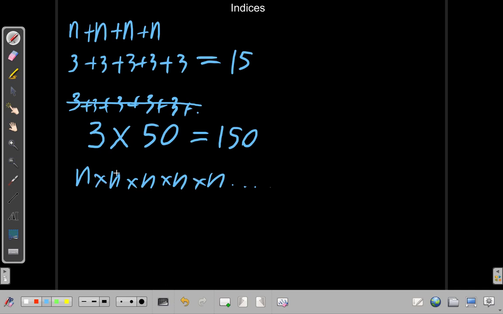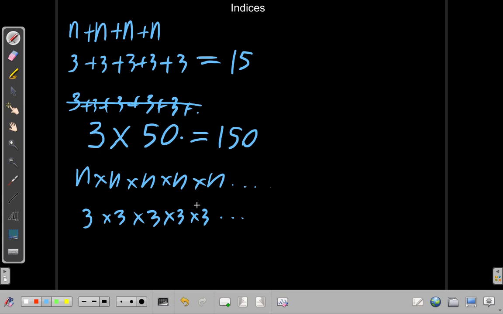So you want to show the n, you want to show how many of them there are, and you want to show that you're multiplying these n's. For example, if we use 3 again, and we have 3 multiplied by 3 multiplied by 3 multiplied by 3 multiplied by 3. Alright?